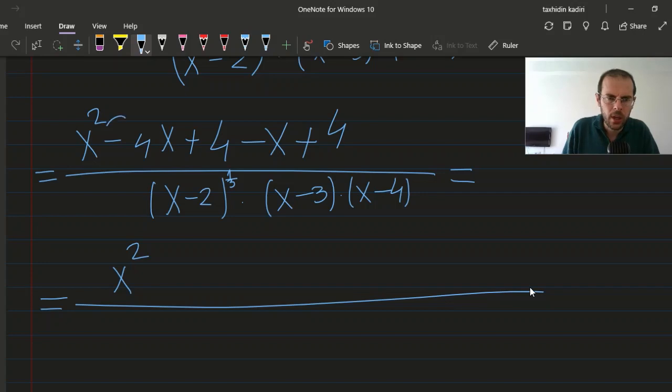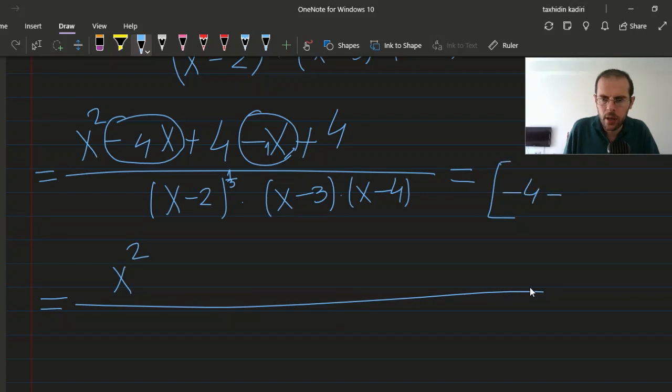Here what we have: minus 4 and minus x. The reason we can apply the mathematical operation is because here we have x and here we have x. When these monomials are the same, we can apply the mathematical operation. Here we have minus 4, here it's 1. Listen here, minus 4 and minus 1.